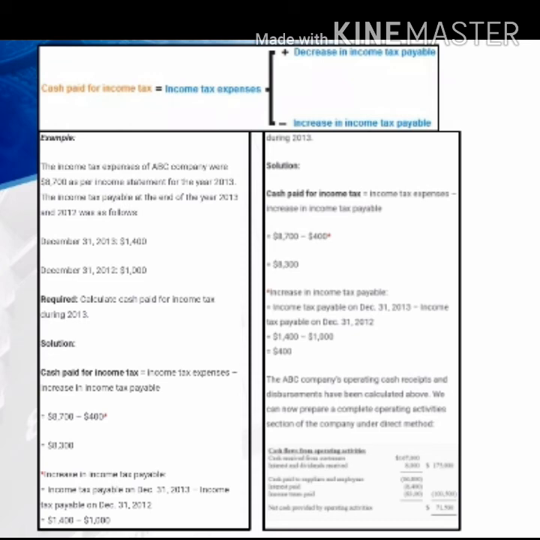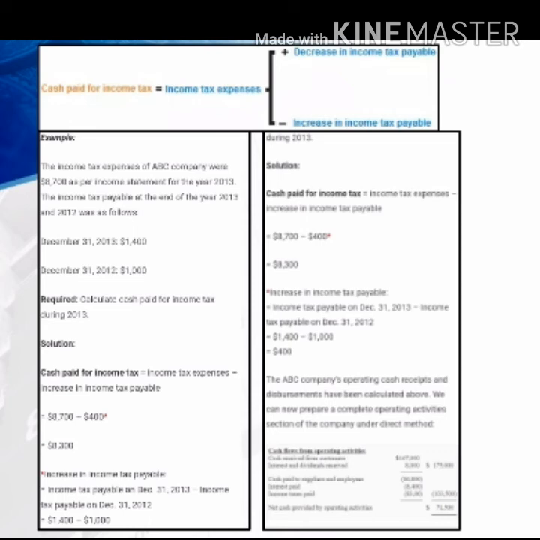So in the solution, cash paid for income tax is equal to the income tax expenses minus the increase in income tax payable. Why an increase in income tax payable? December 31, 2013, which is the end of the year, is greater than December 31, 2012, which is the beginning of the year.